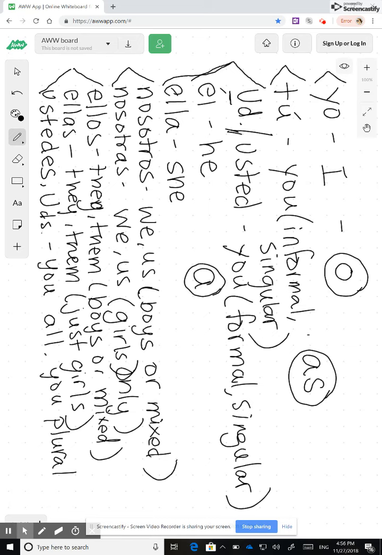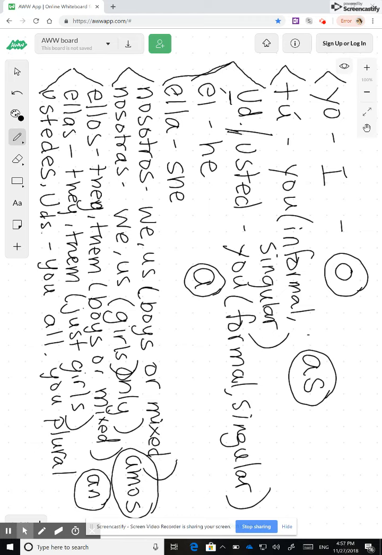The ending for nosotros or nosotras is going to be amos. And this one is going to be an, and that's for ellos, ellas, and ustedes. So it's the same ending for all of those.